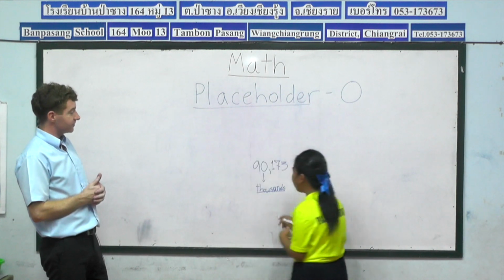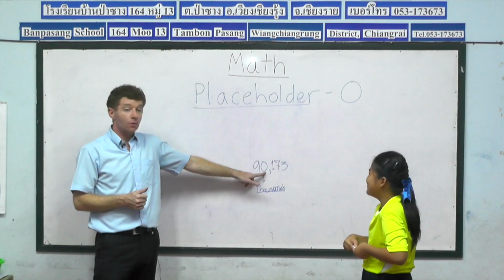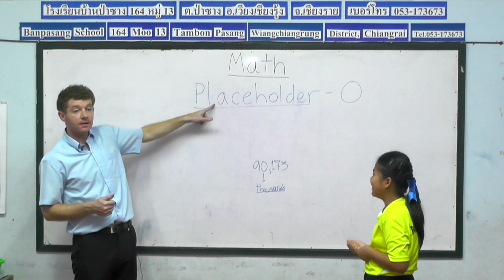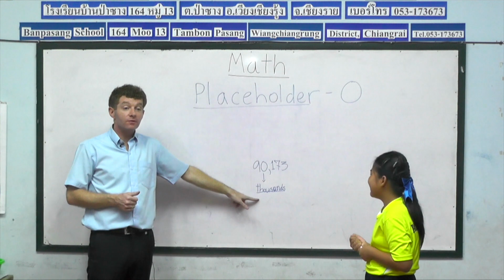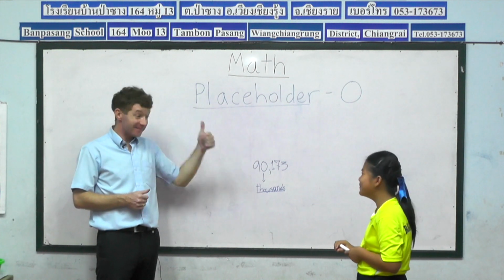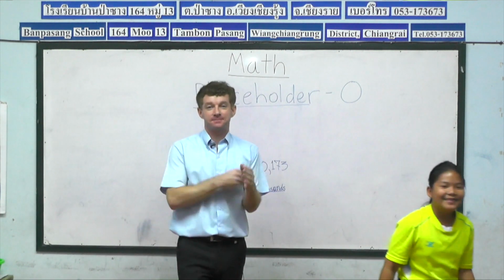That's perfect. So we can say that in this number, 0 is the placeholder of thousands. Lakau, that's excellent. Well done. Big round of applause for Lakau.